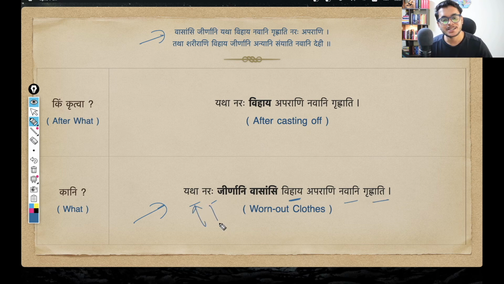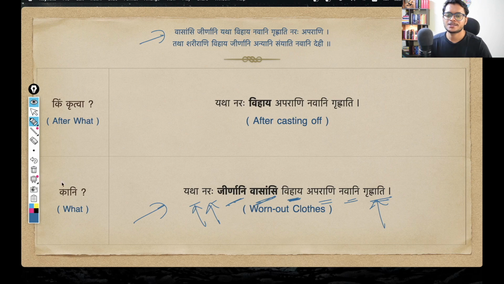That means just as a person, after casting off old worn out clothes, aparani navani grihnati, attains a set of other new clothes. Okay, so very universal thing, that when something of ours with time and with use becomes old, becomes worn out, we let it go, we discharge it, and we attain a new one, we acquire a new one, another set of it. So that is what is said in the first line. Okay, that is what Krishna is saying.